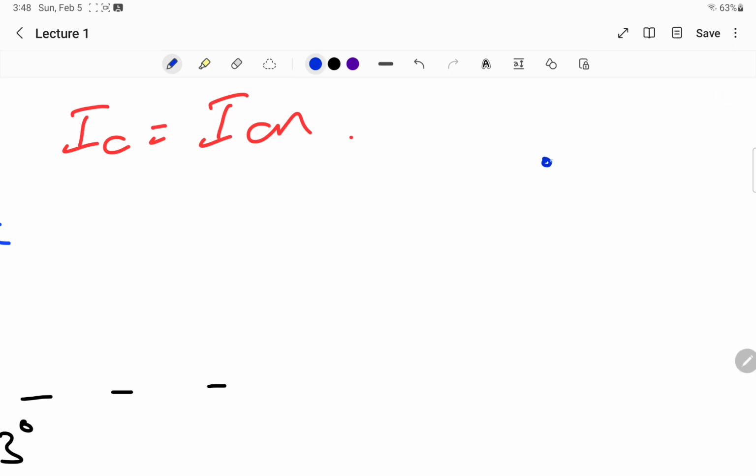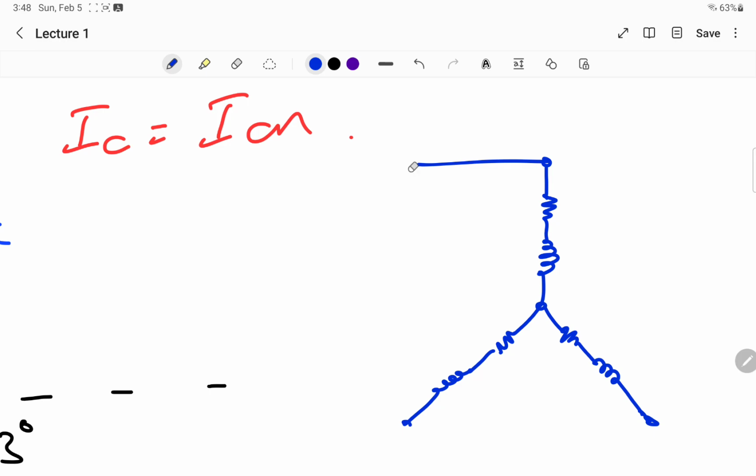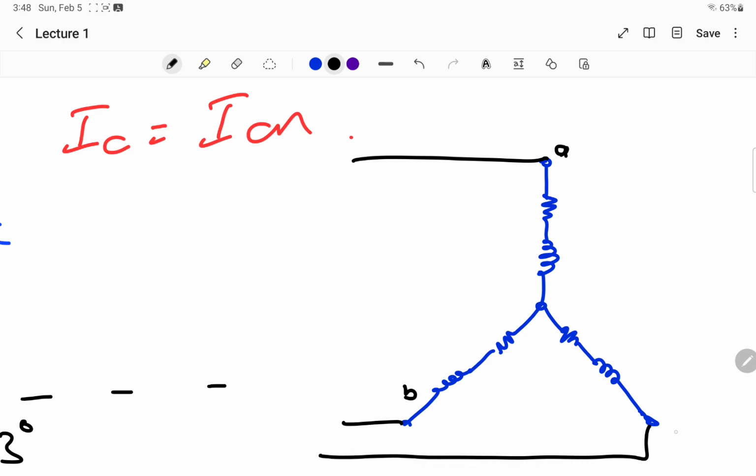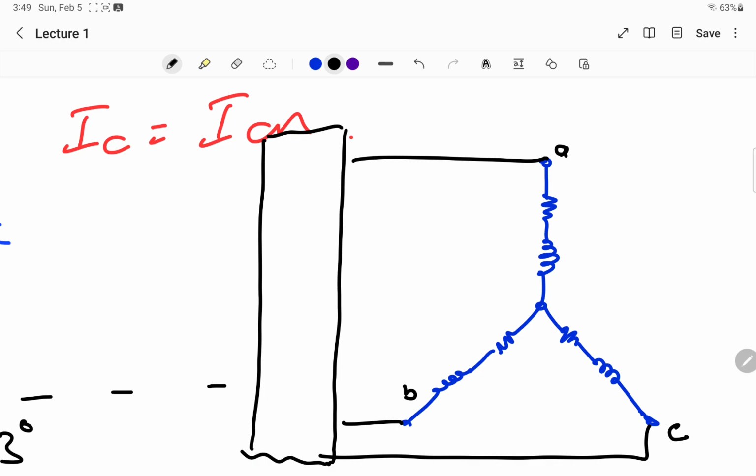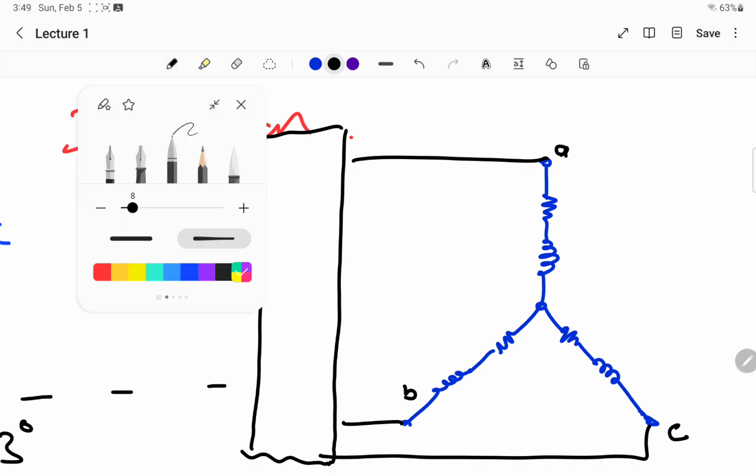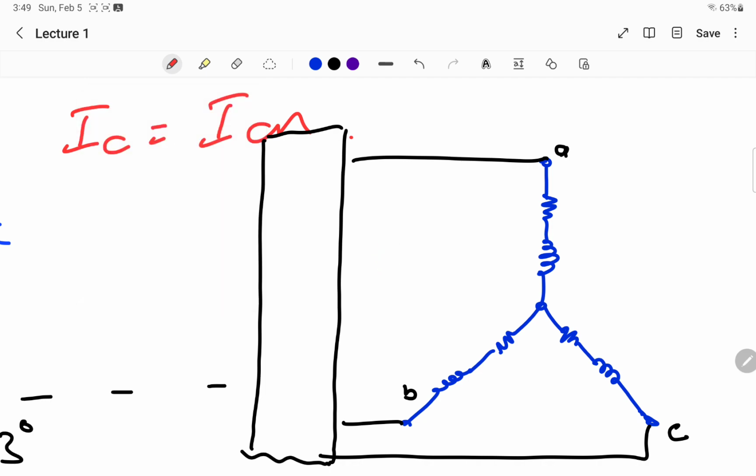For example, this is the load, and here are the lines coming, A, B, and here we have C. Irrespective of what the source is, whether it is star or delta, you don't need to get confused, because if you know the voltage, for example, if you are given VAB, you can calculate VAN.